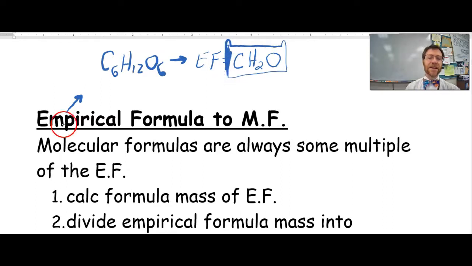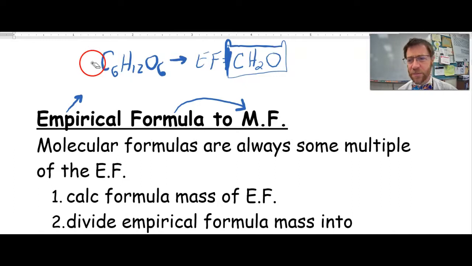Got it? Great. Awesome. Now, what we're going to do today is go from empirical formula, like if we're given the empirical formula, we will calculate the molecular formula, which some people might be thinking, well, that's silly. Why would we even do something like that?